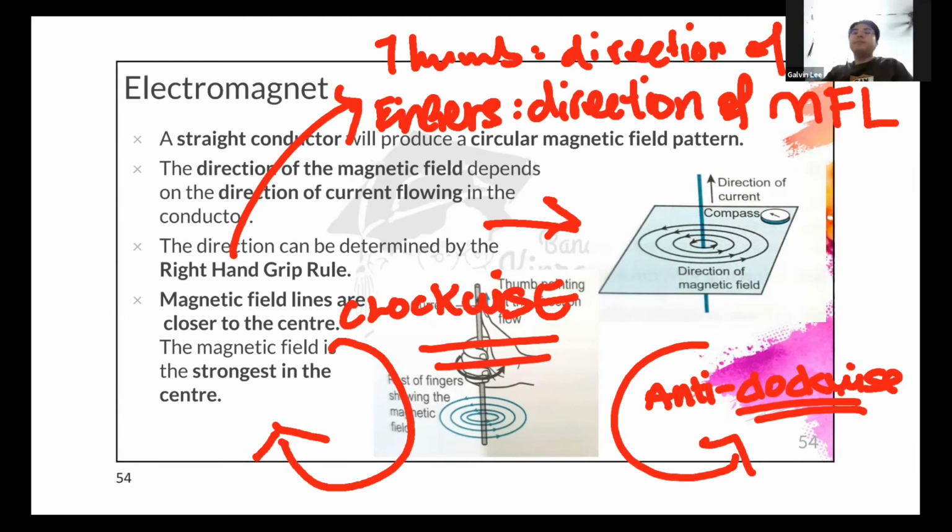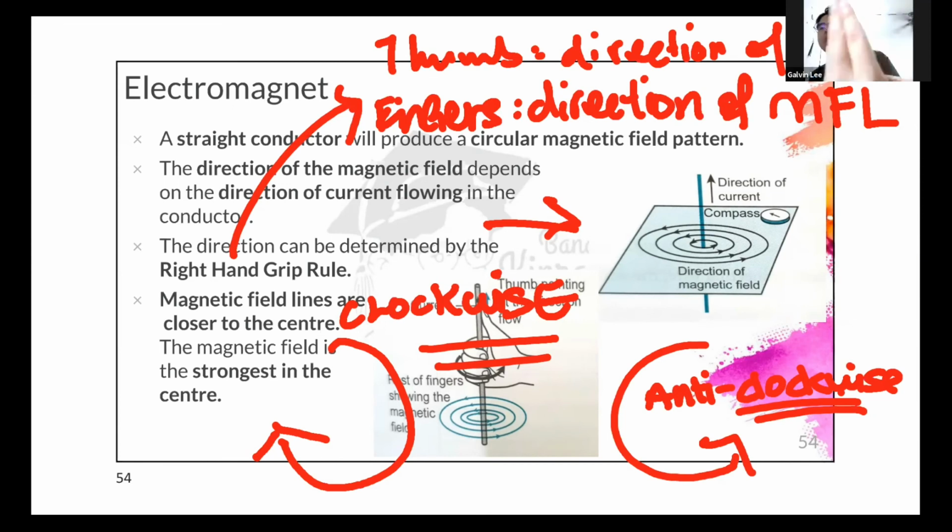So, in conclusion, the right hand grip rule tells you the direction of the magnetic field lines, which are affected by the direction of the current. The thumb tells you the direction of the current, either that the current goes up or the current goes down.